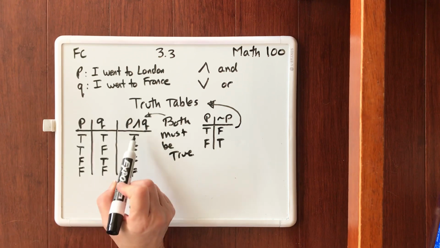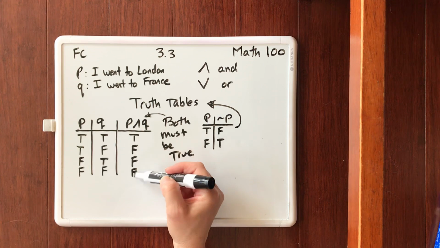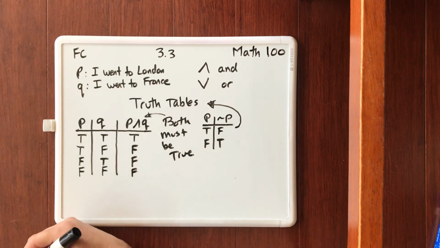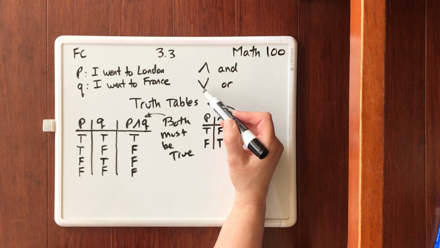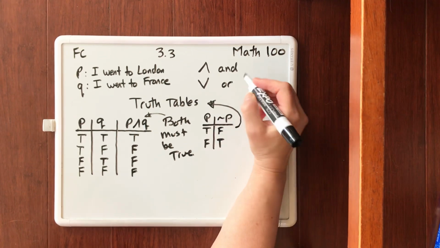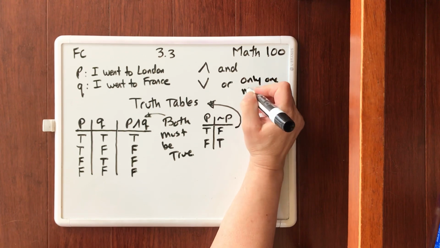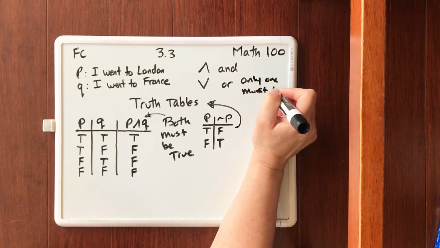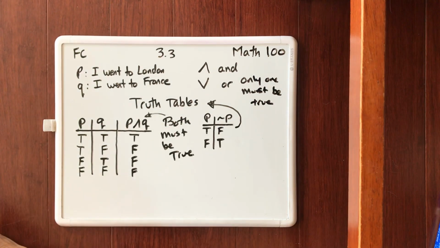True, true, that's true. Because these have falses in them, they're going to be false, the end results. Okay, now when we have or with this V shape, only one must be true. Only one must be true. Because we're saying we went here or we went there.